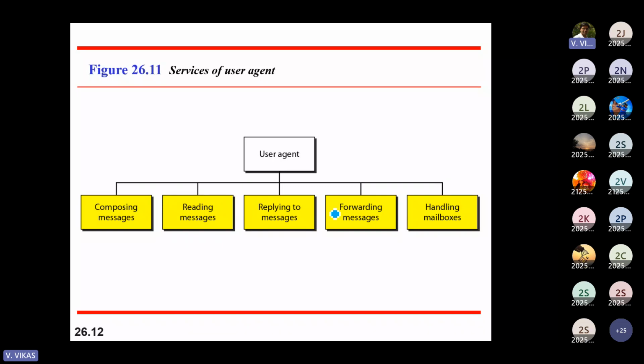And for handling mailboxes, for example, I may be interested in creating boxes, or in making a star mark, handling mailboxes is done by the user agent. That is what we are considering here. Clear what the responsibilities of the user agent are?